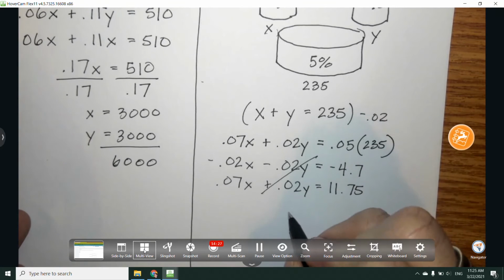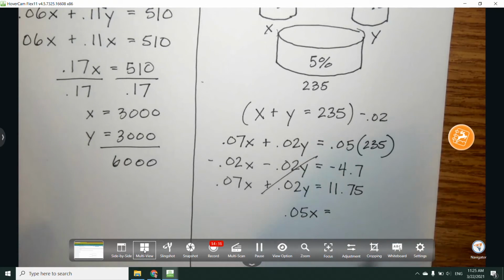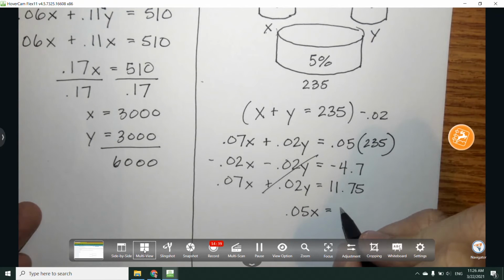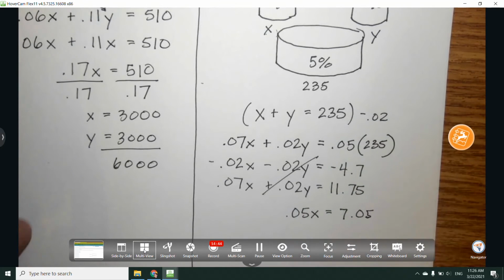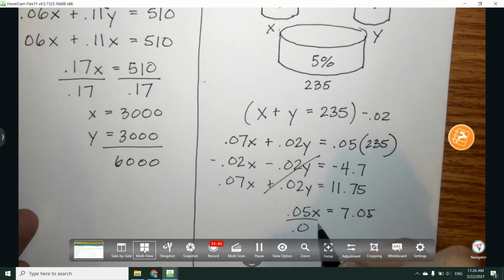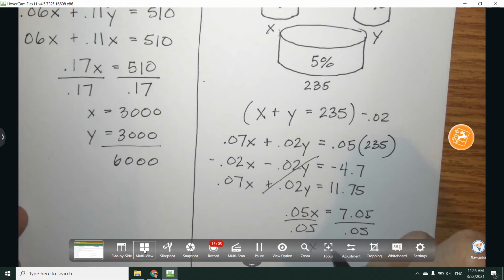And now this will eliminate. This is going to give us 0.05x. And this is going to give us 7.05 once we combine these two here. So we're going to divide by 0.05. And we find out that x is equal to 141. And so we can substitute this in.